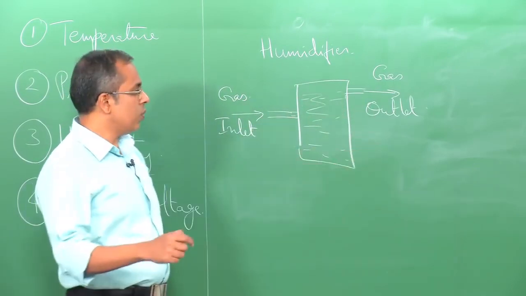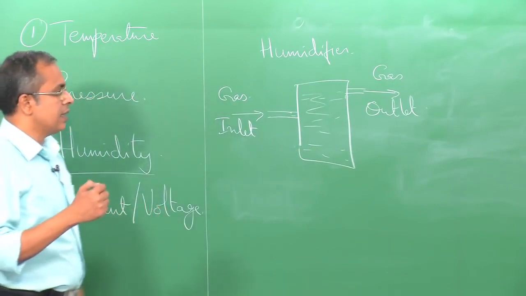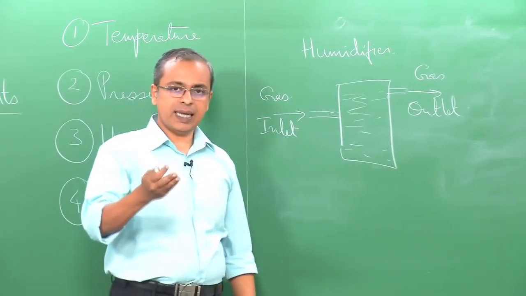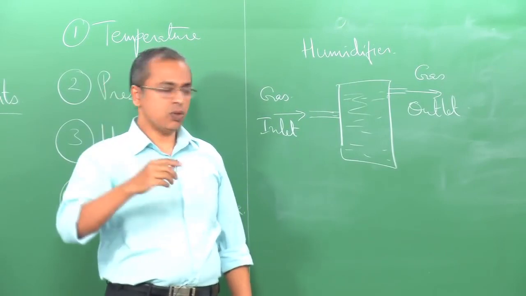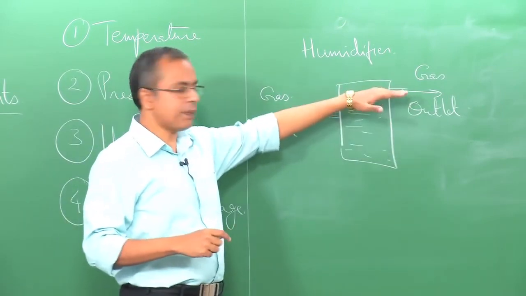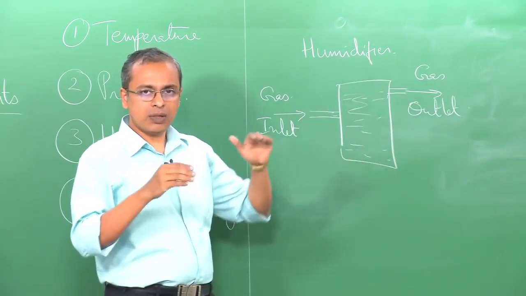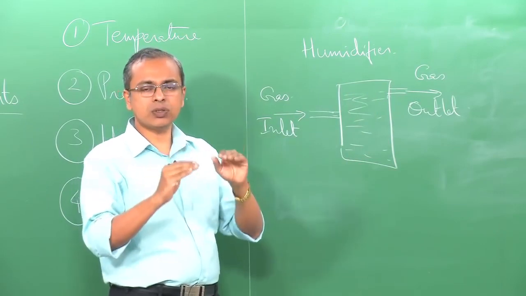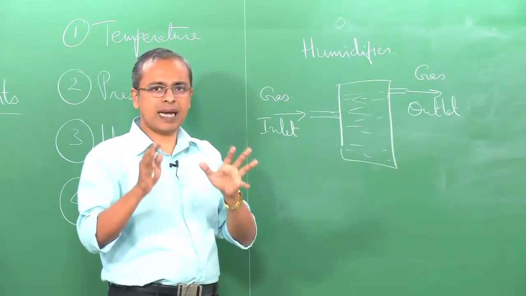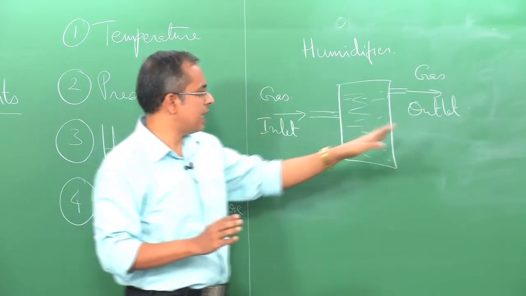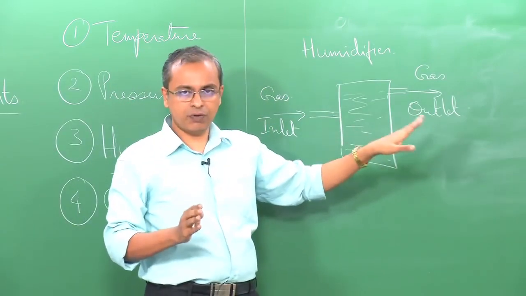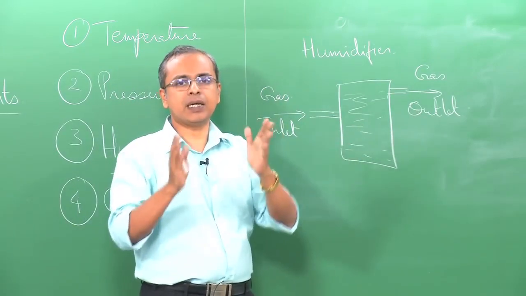Now, the issue is that the amount of moisture that the gas can carry varies. There is always an upper limit, and that upper limit is based on temperature. At room temperature, for example, air can carry so many grams of water in the form of vapor per liter of air.